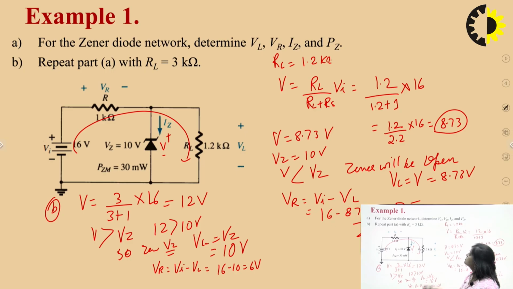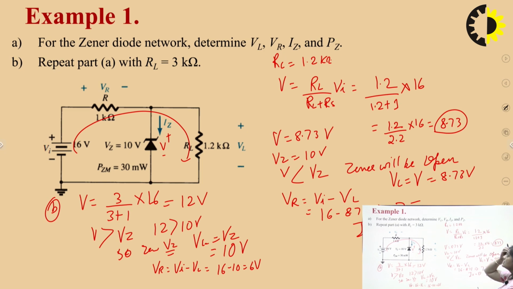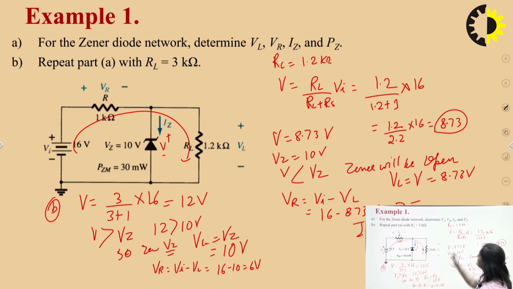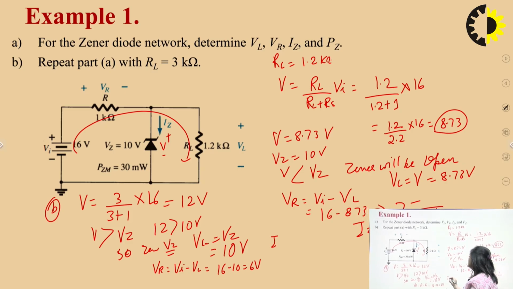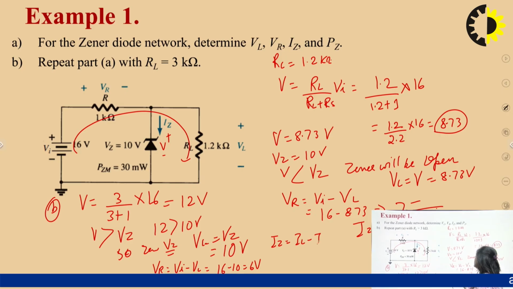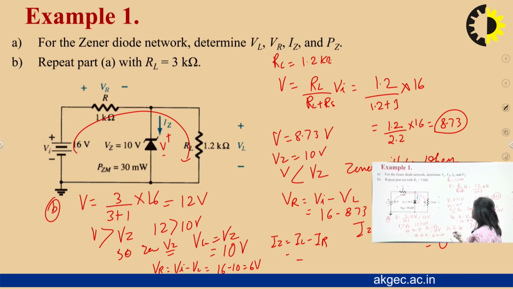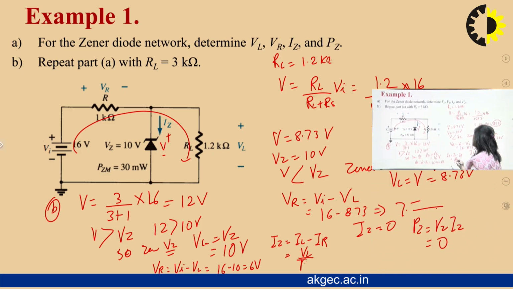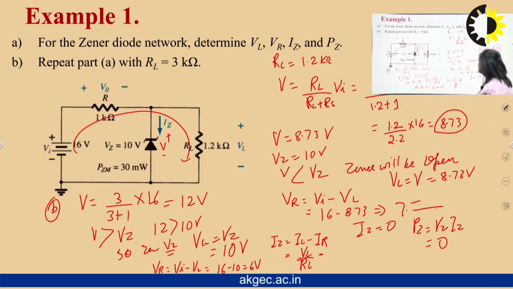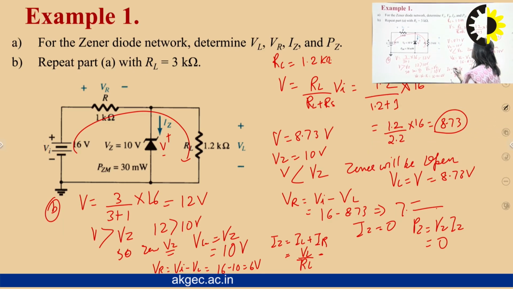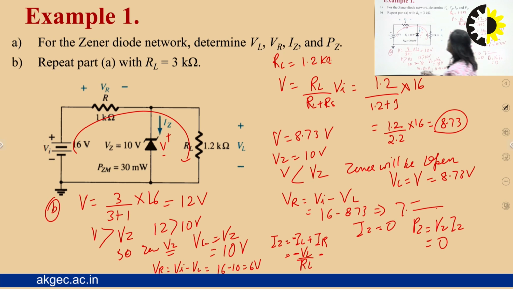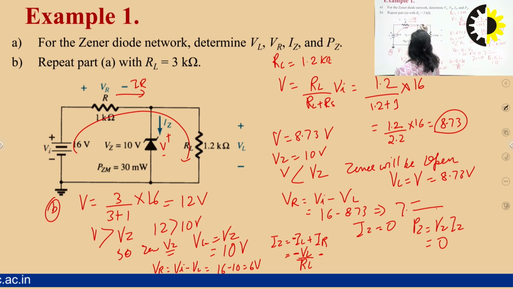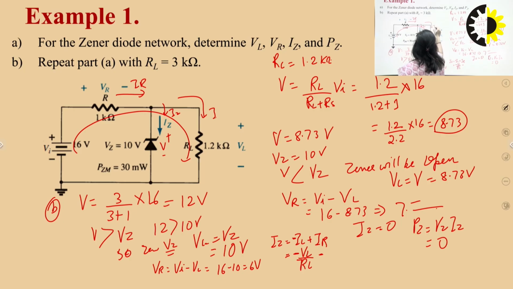Okay, now we have to find the value of IZ. How can we find the value of IZ? IZ would be IR minus IL, because this is the IR coming in, this is IZ, and this is IL.